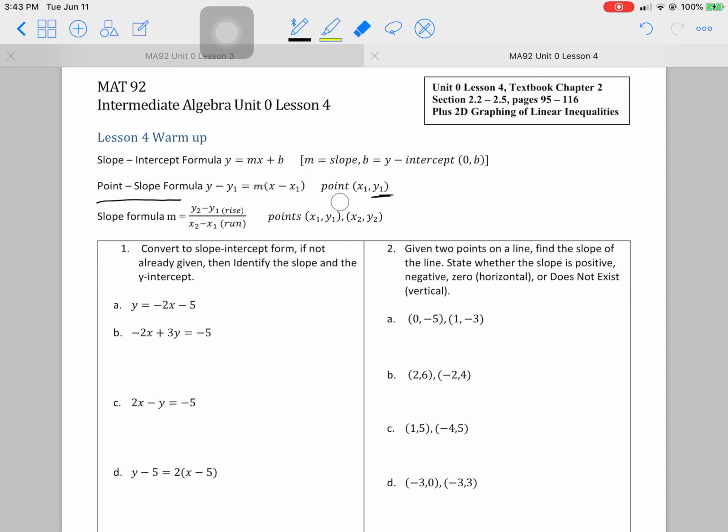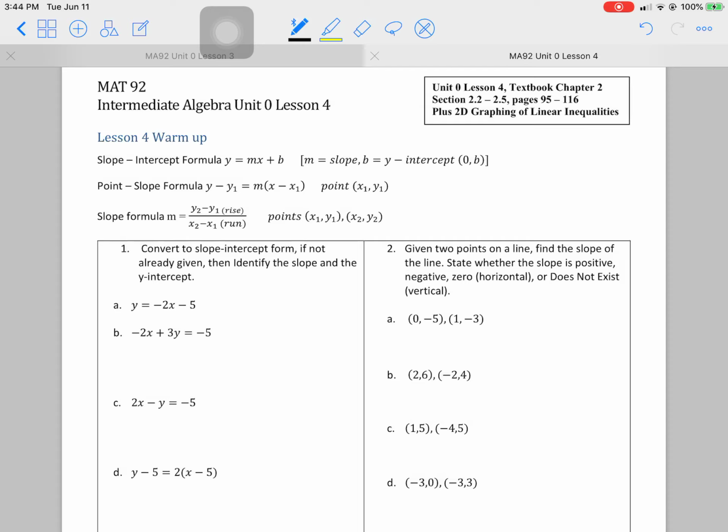It's just another form to put your information in to find the slope-intercept form, kind of on the way to there. Another one you can use is the slope formula if you're not given the slope. So you label 2 points this way and put them into this formula. That will get you the slope, so you can put it in here, which you can then turn into there. Okay, that's kind of the process there.